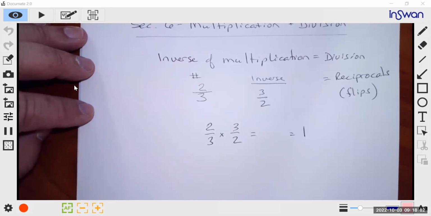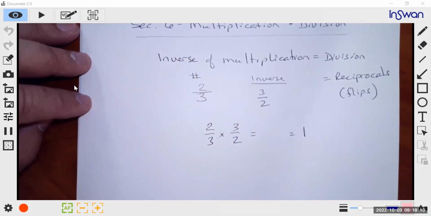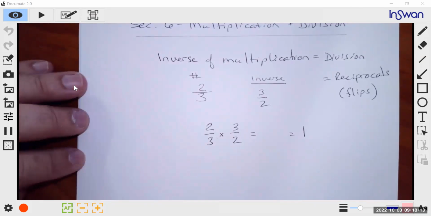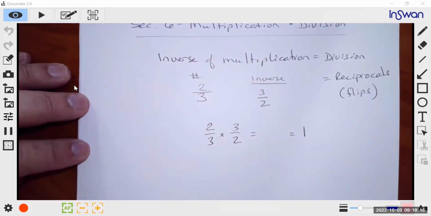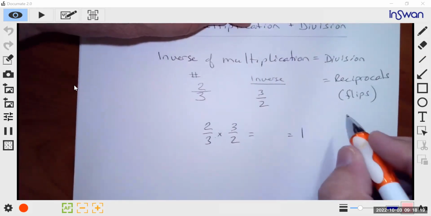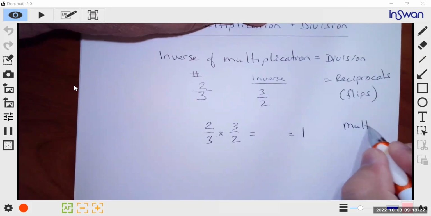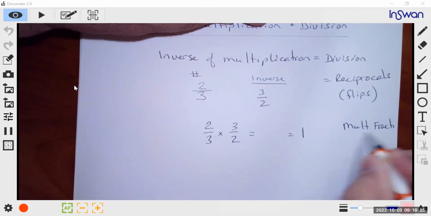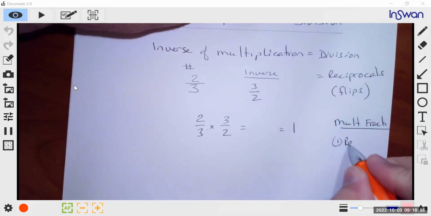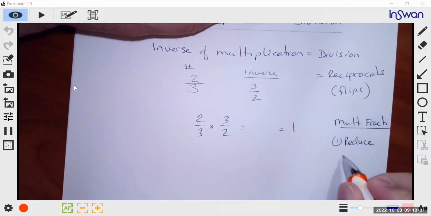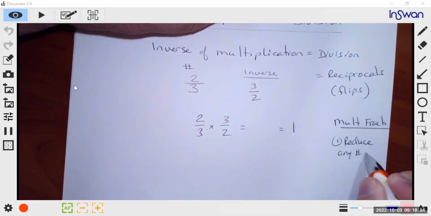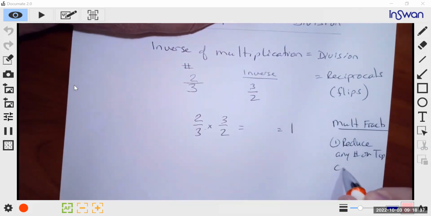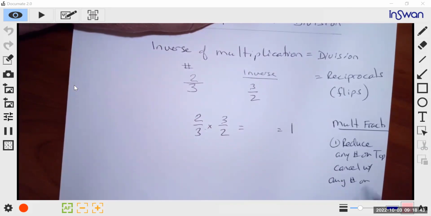What's the rule for multiplying fractions? When you multiply fractions, what do you do first? That's not adding or subtracting. The first thing when you're multiplying fractions is reduce. Can any number on top cancel with any number on the bottom?